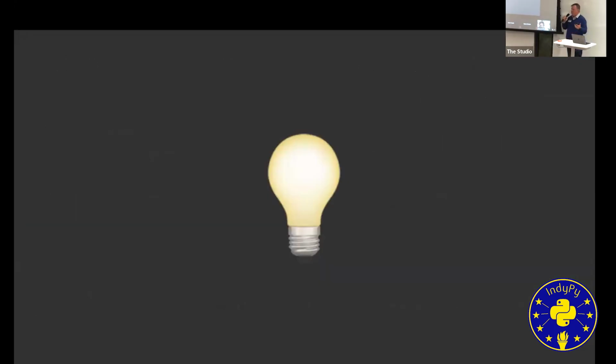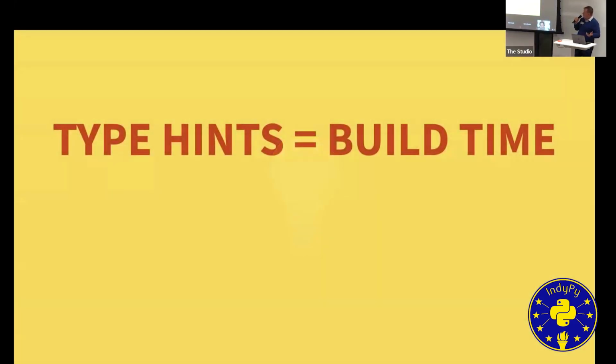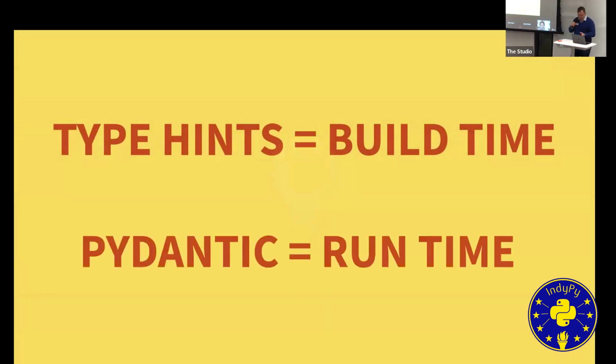Now, when we were playing around with Pydantic the first time, as we were learning it, this was kind of a light bulb moment for us. Because we realized in Python, type hints give you build time type enforcement. But with Pydantic, that build time type enforcement now becomes runtime type enforcement.